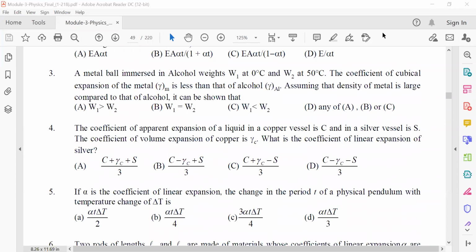For example, in this also, this question we leave out because it's based on the concept of buoyancy, which we haven't studied yet. This earlier question also you will leave out because it is based on elasticity. But this question we can do.